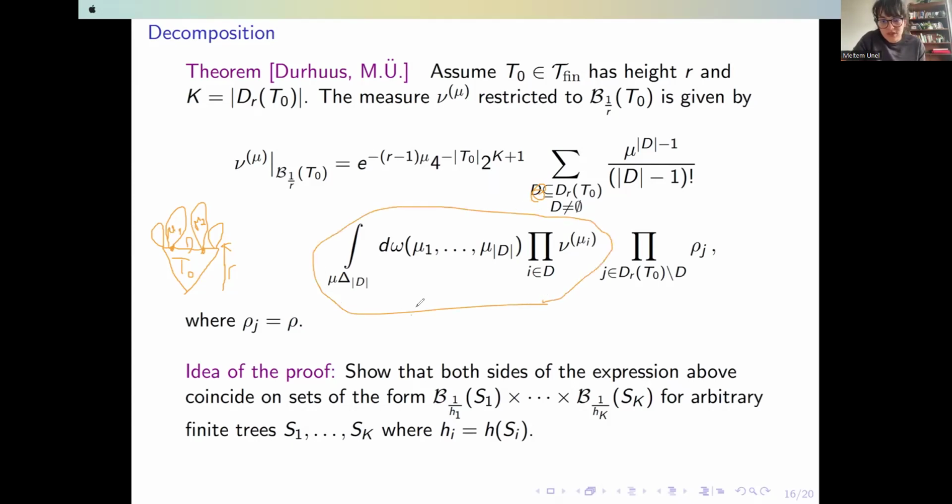And then what do I do with the rest? On top of the rest, I just graft independent and identical Bienaymé-Galton-Watson trees, whose rho j is just equal to rho. It is the Bienaymé-Galton-Watson measure corresponding to the critical geometric case. As I explained in the previous slide, that is a measure that is supported on a set of finite trees.